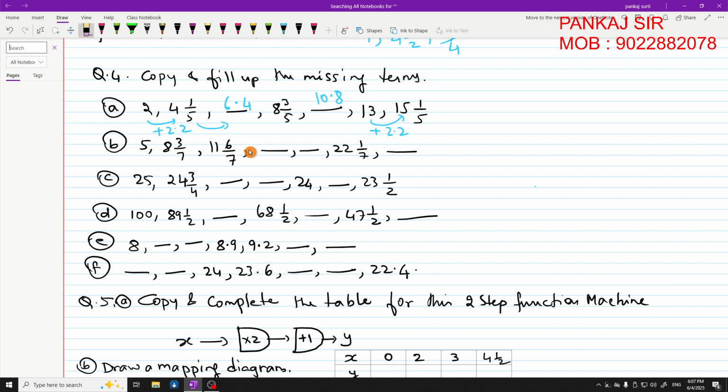Okay, so let us do this one. Now I'll be using my calculator so that I'll be faster. 5 and 8 3 by 7. First let me do 8 3 by 7 will be 8 7s are 56 plus 3, 59 upon 7. So 59 divided by 7 is in decimal I am getting 8.43. Okay, or let me keep it in mixed fraction only. 8 3 by 7 minus 5.